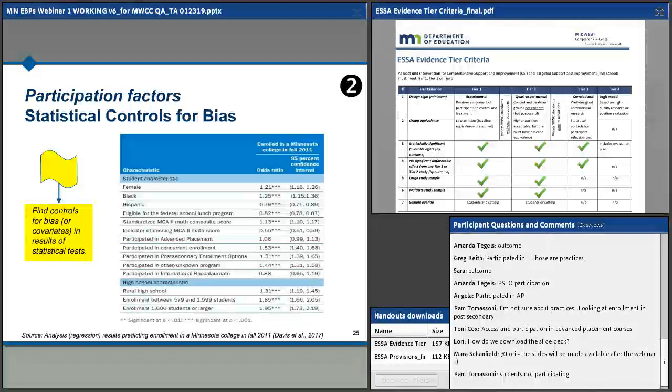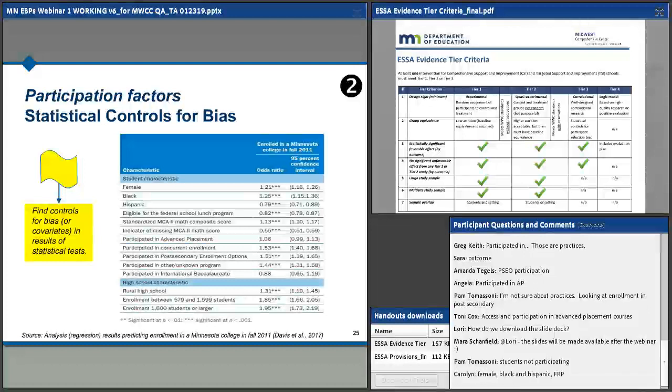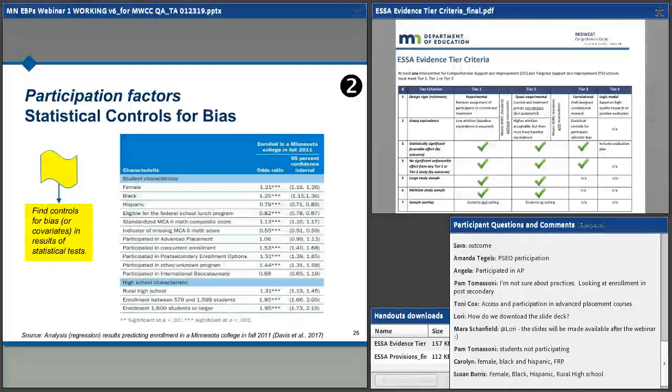If the practices are one type of measure in the results, and the outcomes are another dimension of the results, there's another group of variables that we just talked about that are the controls, otherwise known as covariates. And I'm just going to let you think more deeply about that for a second. And I see more people are typing, so I'm going to let it run for a second.